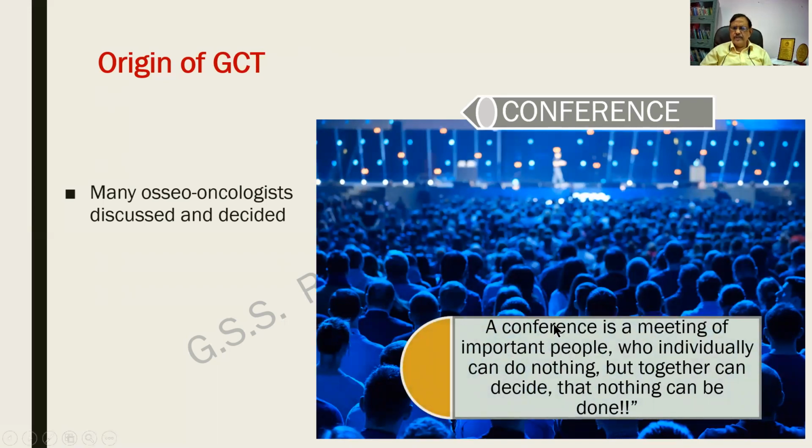So this is the definition of a conference: a meeting of important people who individually can do nothing, but together can decide that nothing can be done. This is the definition of a conference that I had learned. And hence it was decided to be of unknown origin.